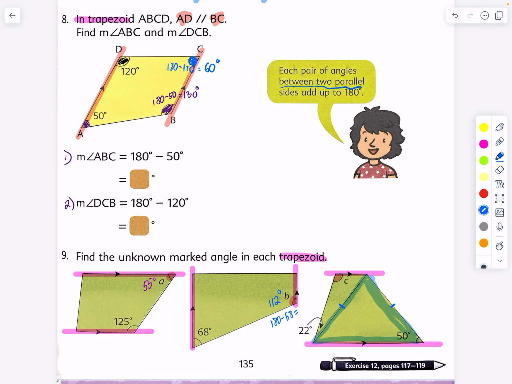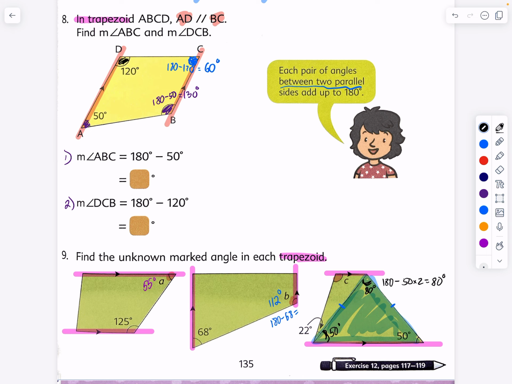And because the two sides are equal, we do know that angles opposite equal sides are 50 degrees. 50 plus 50, therefore this piece has to be 180 minus 50 times 2 equals 80 degrees. So this piece is 80 degrees.